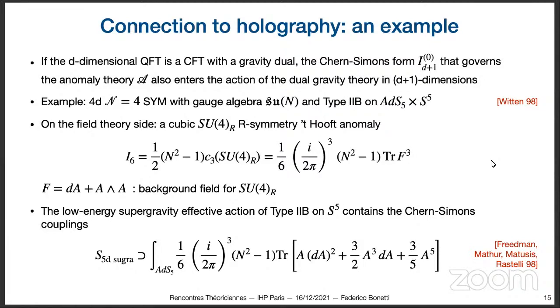Of course, the 5-dimensional supergravity is far from being a TFT. It has all sorts of dynamical degrees of freedom, but within itself, so to say, it contains some topological sectors. One of them is this 5D Chern-Simons form, whose application to holography was already pointed out in earlier work by Witten and other authors.